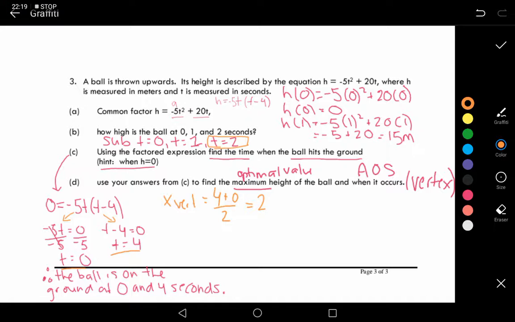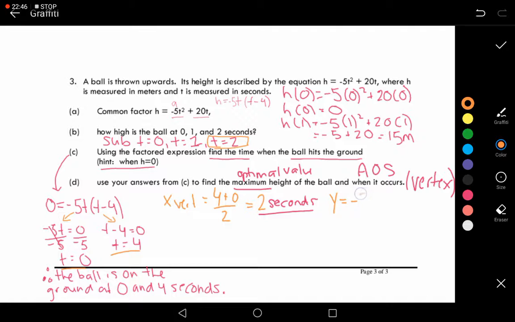To figure out what the maximum height is, so just to be clear, this means that it's occurring at 2 seconds. Okay, that's when it occurs. To figure out what that actual height is, just like before when we were graphing, to find the vertex, we had to sub in that value into our equation and solve for y.